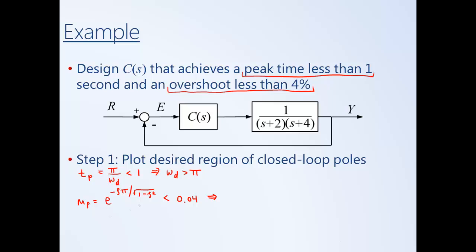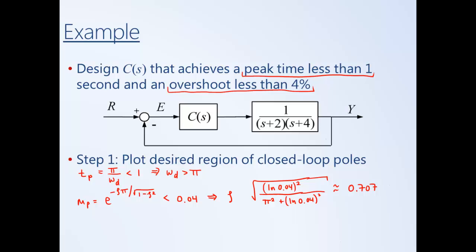If we took this equation here and we solved it for zeta, we would get natural log of 0.04, square that quantity, and then divide it by pi squared plus the natural log of 0.04 again squared. And if we punch that into our calculator, that equals approximately 0.707.